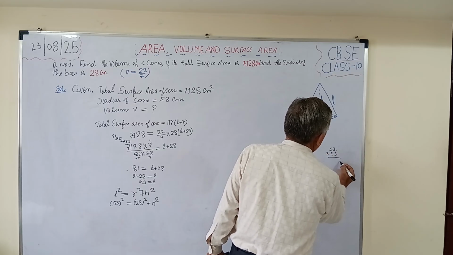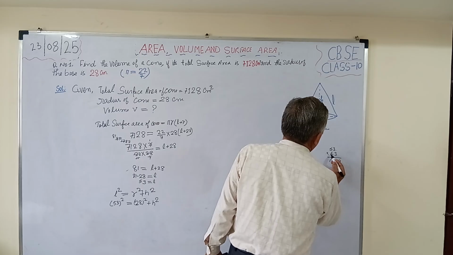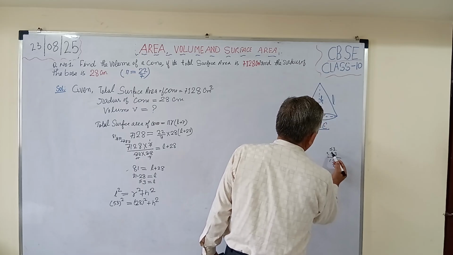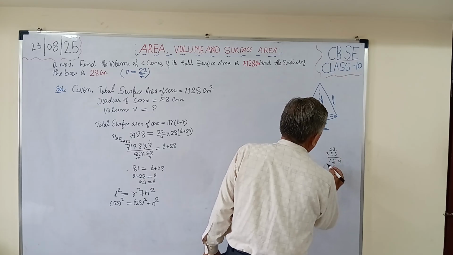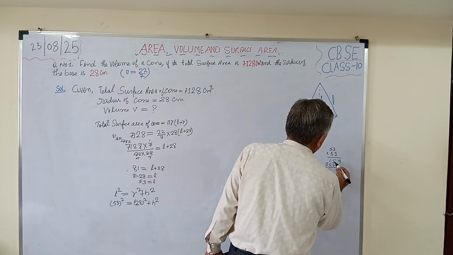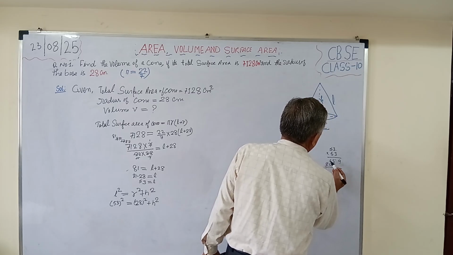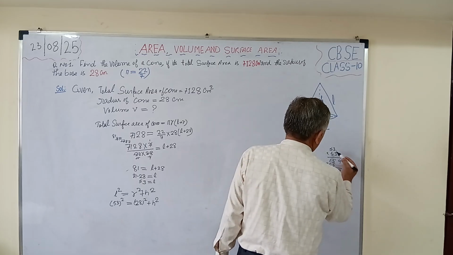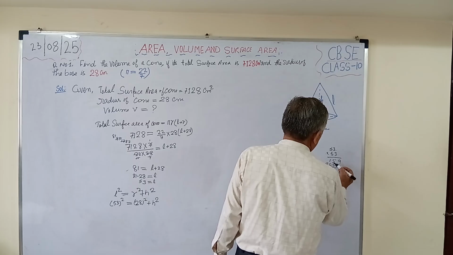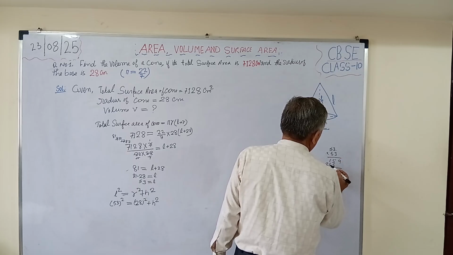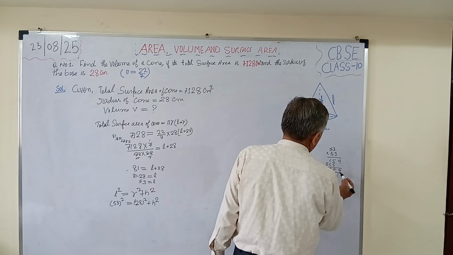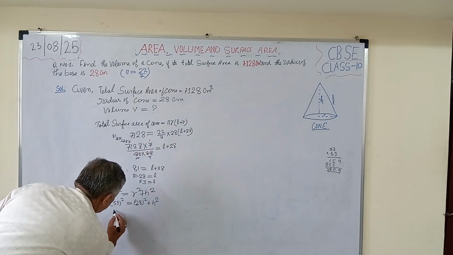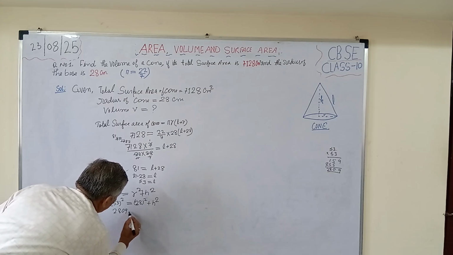So 3 times 3 is 9, 3 times 5 is 15, 5 times 3 is 15, and 5 times 5 is 25, plus 1 is 26. Adding up, we get 2809. So the square of 53 is 2809.